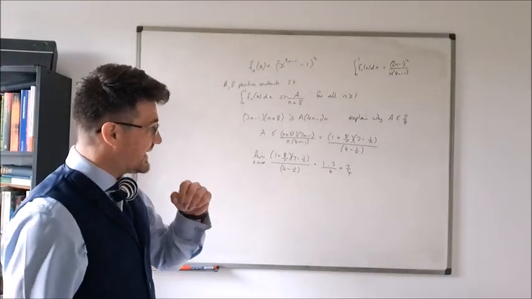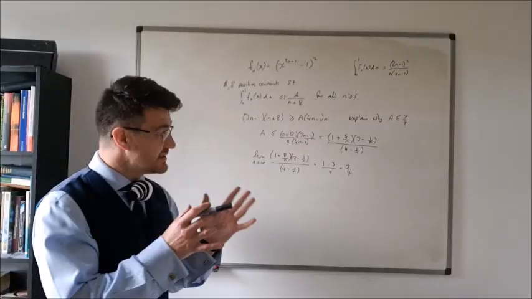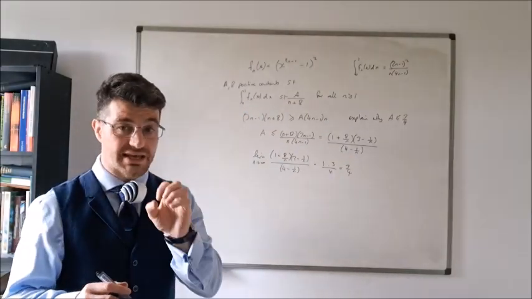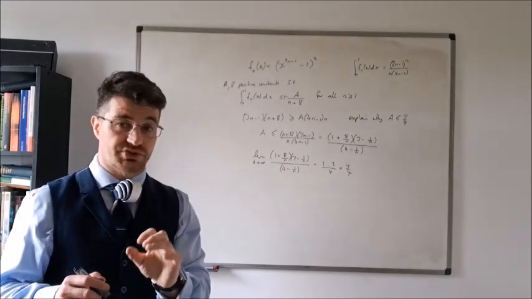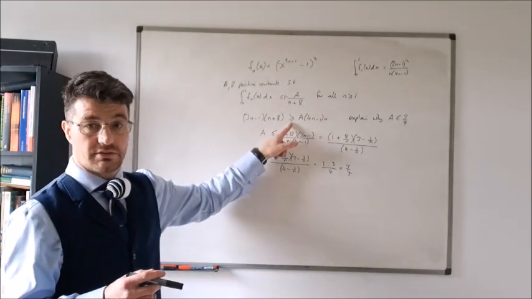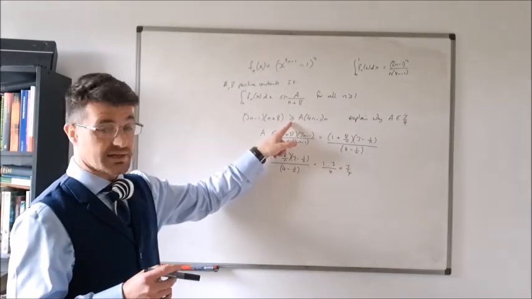But then it really occurred to me that B is not arbitrarily chosen. B is chosen in such a way to ensure that this inequality is going to be satisfied.